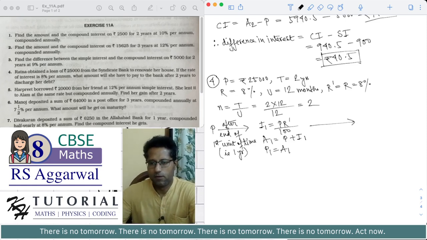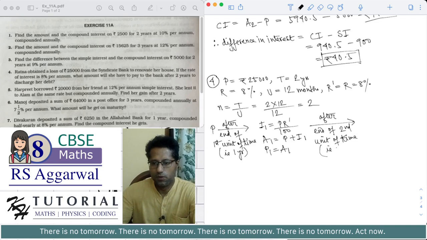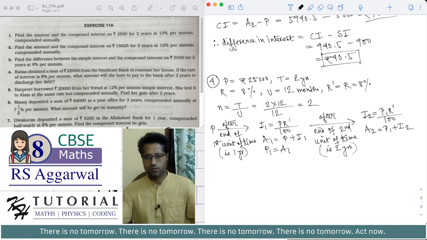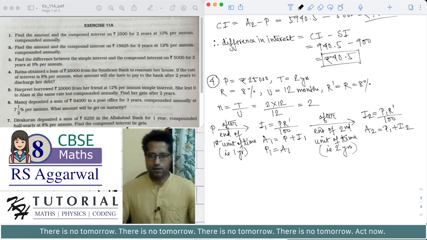Again, at the end of second unit of time, that is 2 years, we have I2, the interest, is equal to P1 R dash by 100, and A2 is equal to P1 plus I2. So the final amount that Ratna needs to pay back to the bank is A2.